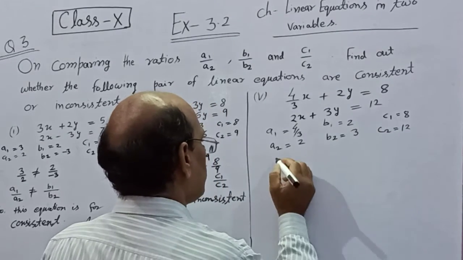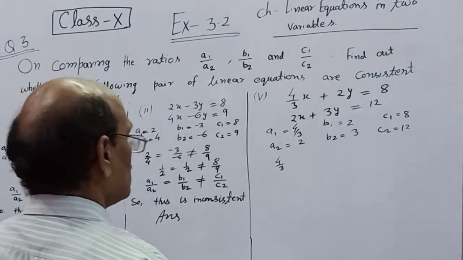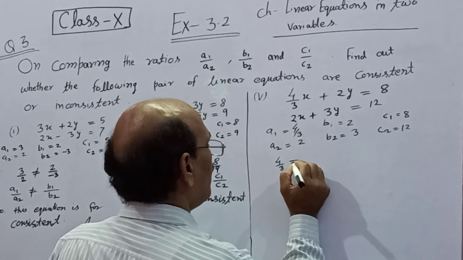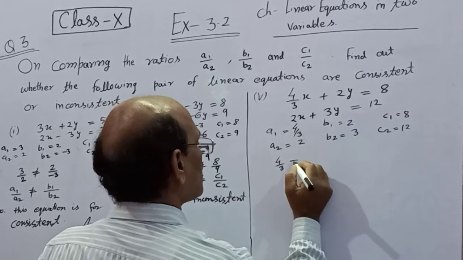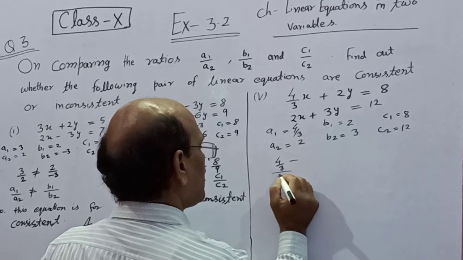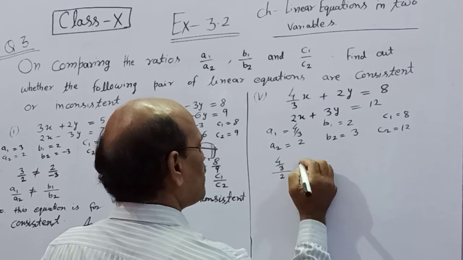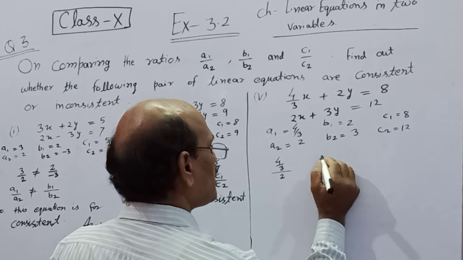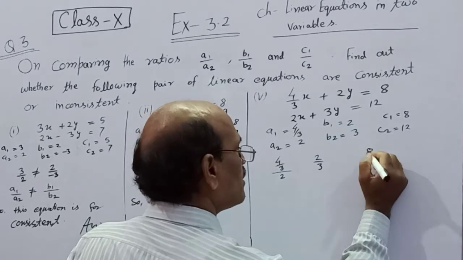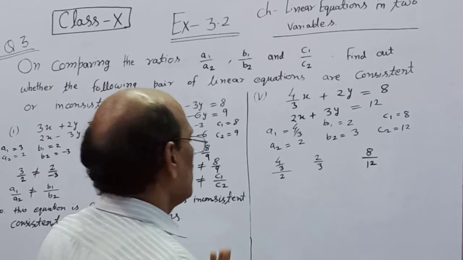Right? Now a1 upon a2 is 4 upon 3 divided by 2, b1 upon b2 is 2 upon 3, and c1 upon c2 is 8 upon 12. We have to solve. First of all, I am solving it.